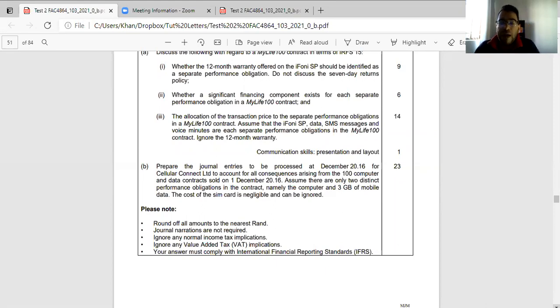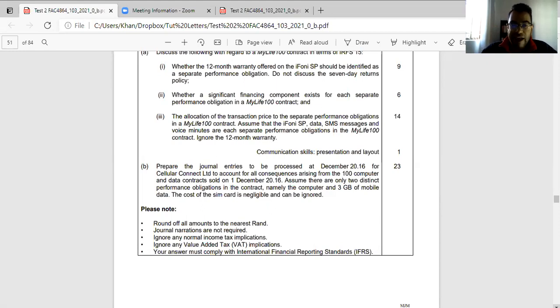The first monthly payment we're going to receive is 31 December 2016. So something happens on 1 December, something happens on 31 December, and something happens around the 7th, 8th of December when the refund policy comes to an end. Those are the dates that trigger transactions.